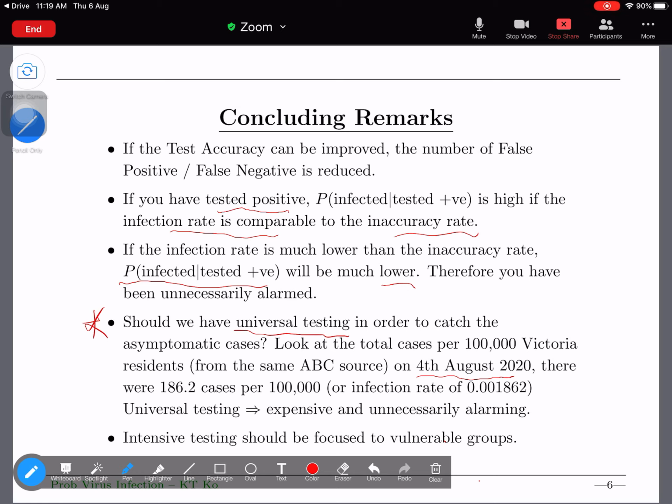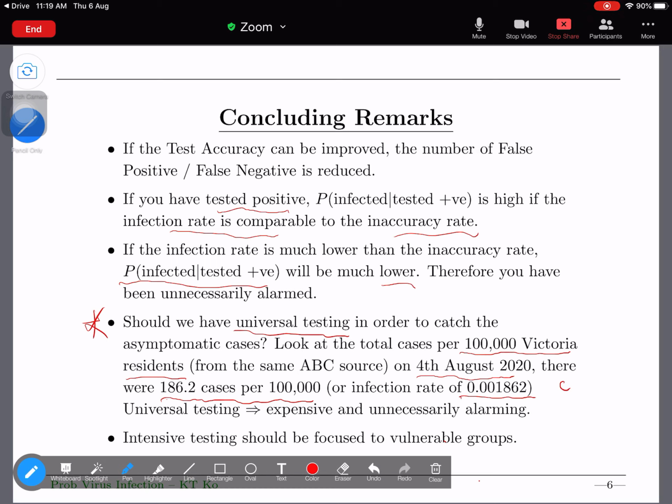ABC source gives some data, the infection per 100,000 Victorian residents. In this case, they show 186 new cases per 100,000, or the infection rate is 0.001862.